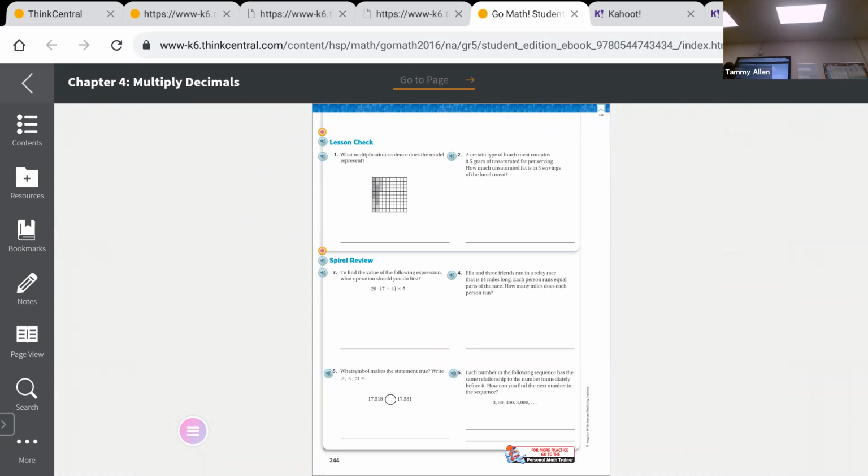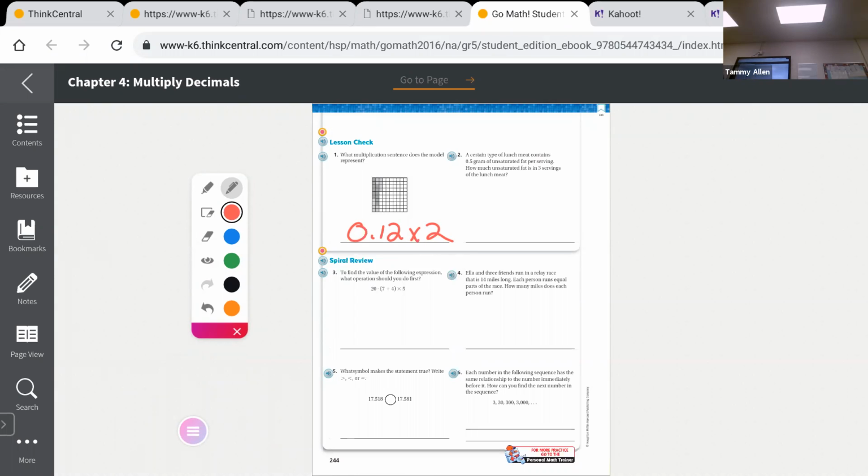So number 1, as we take a look at it on the next page, what multiplication sentence does it represent? 1200 times how many? 2. So we have 2 different sections times 1200.